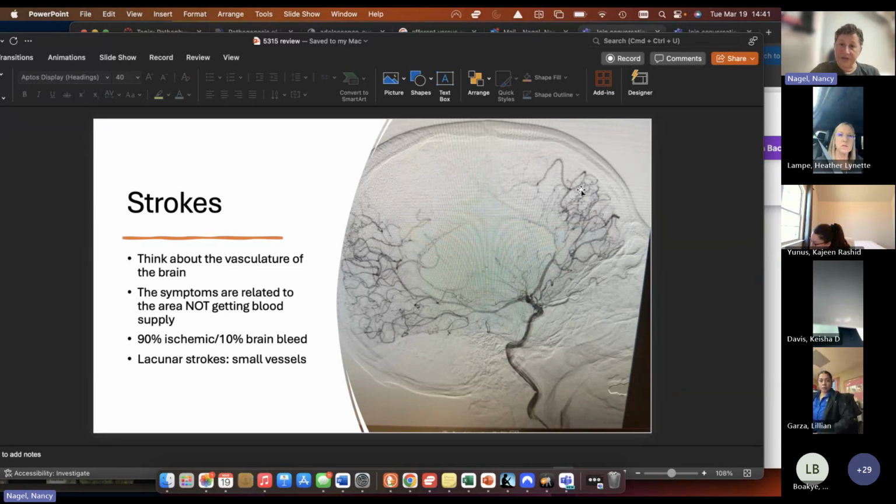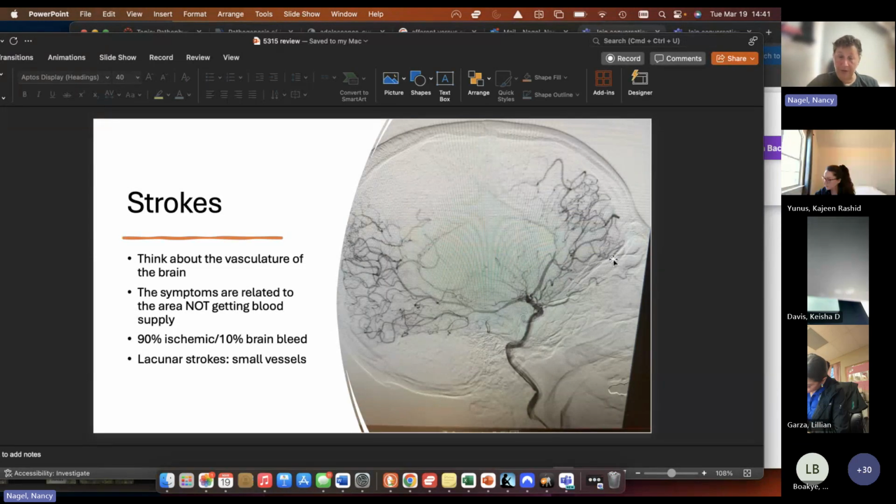Anyway, this is the area that is fed by the ACA. So the anterior circulation is up here. And then back here, it gives you a good idea of vessels that you've got in the posterior part of your brain and posterior cortex. We're not talking about the brainstem or anything down here.